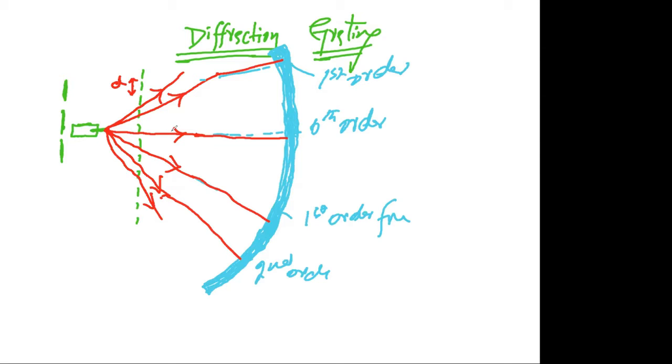Okay, so there is a huge derivation for finding the relation between the slit width and the angle of this. But instead of going through that derivation, we will pick up the final formula, and the final formula is n lambda is equal to d sine theta. N is the order.